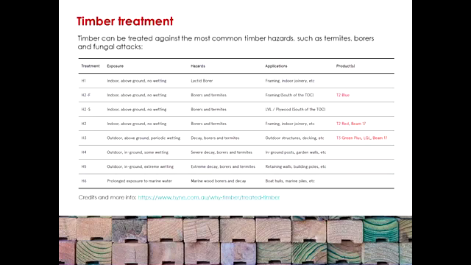Now, timber treatment, we've already seen the 6 classes before of hazards from H1 to H6. Let's stick to H3, which is about termites for outdoor structures, decking in particular. That means you have products to treat those elements in order for termites not to eat your deck.